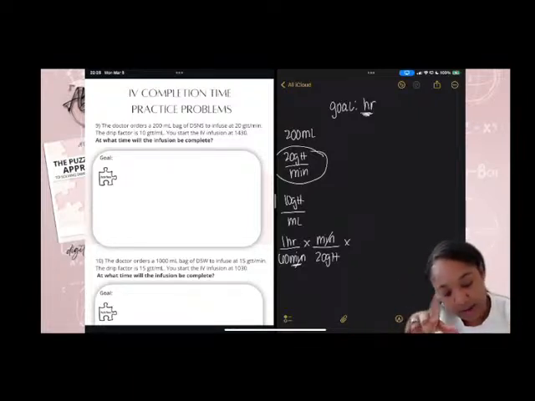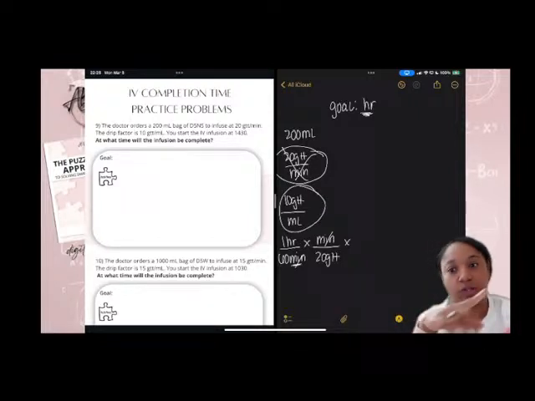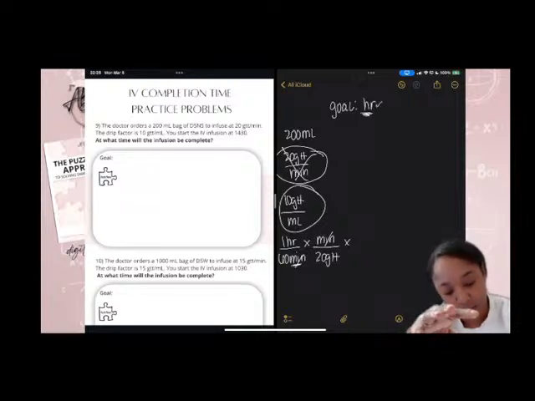So now we got drops on the bottom and we use that. I have another puzzle piece with drops in it because I need drops to go on the top, since we've already started with our goal. We know that everything else has to cancel out. So it's 10 drops per milliliter. My drops cancels out, and the only thing left is milliliter.